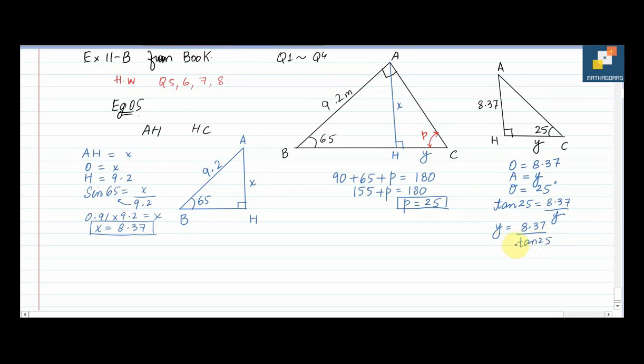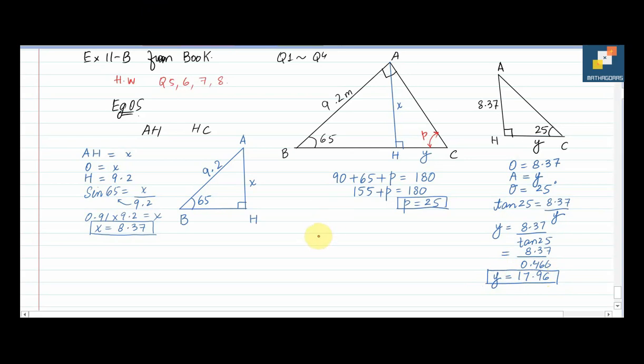So the value of tan 25, it's 0.466, right? Now you need to divide 8.37 by 0.466, it's 17.96. So the value of HC is 17.96, right? So that is the completion of this question number 5.